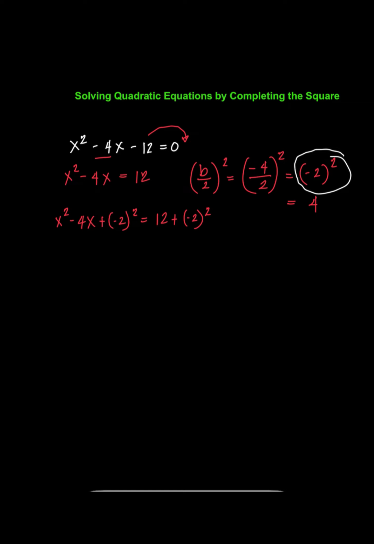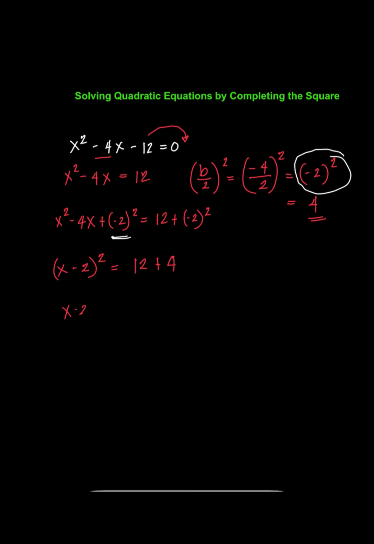So, here, kopyahin na natin yan para i-square natin. That is equal to x minus 2 squared. That equal to 12. So, negative 2 squared, that is 4. So, plus 4.